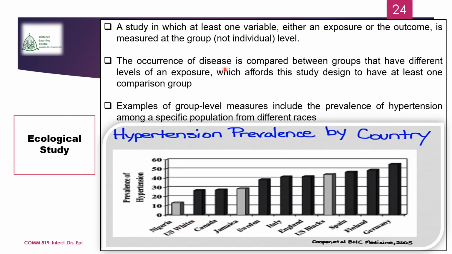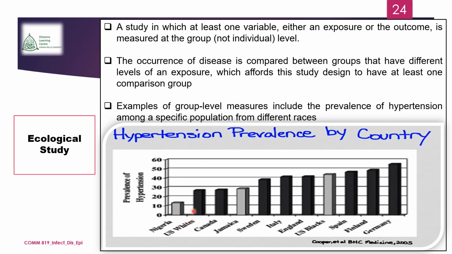The occurrence of disease is compared between groups that have different levels of an exposure, which affords this study design at least one comparison group, which means it can have several comparison groups. An example of a group level measure is the prevalence of hypertension among a specific population from different races.